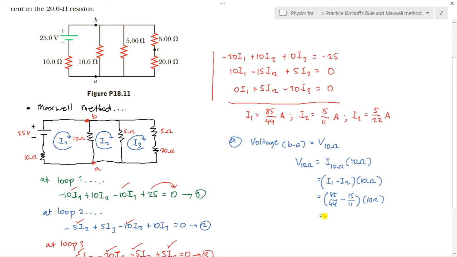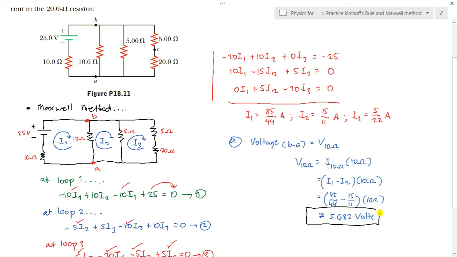The result is 5.682 volts. So mao na siya ang voltage nga misulod sa ato ang node AB.